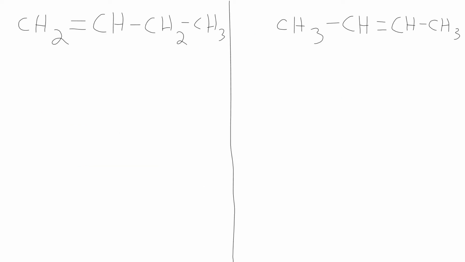So we're going to name two alkenes on this slide. We have the molecule that you see on the left and the molecule that you see on the right, and we're going to do them in parallel. For the molecule on the left, first off, we recognize we're dealing with an alkene. How do we know we have an alkene? We only see carbon and hydrogen, and we see a carbon-carbon double bond.